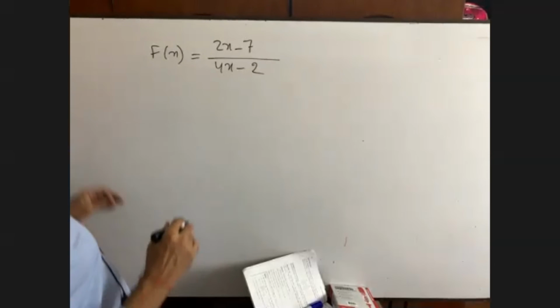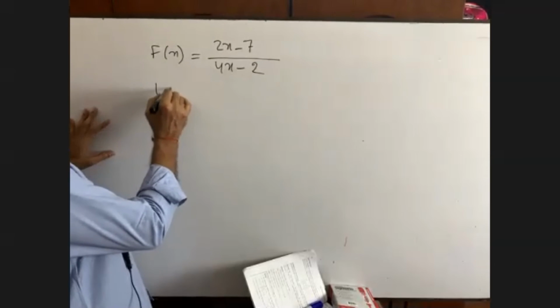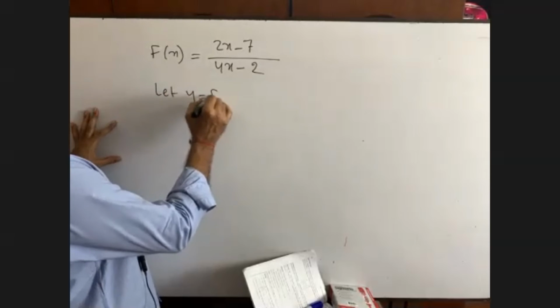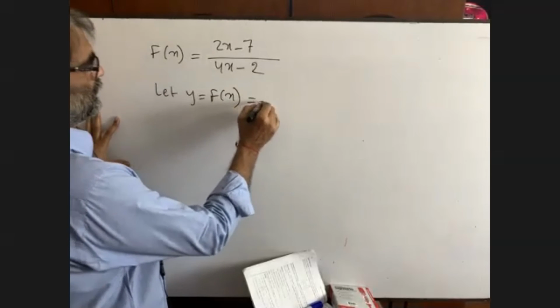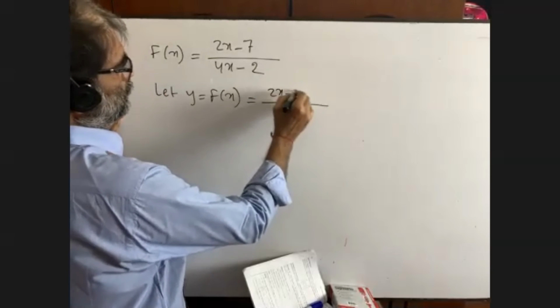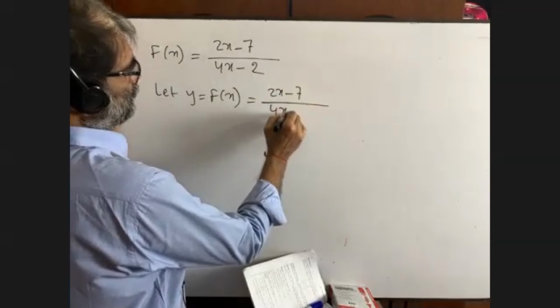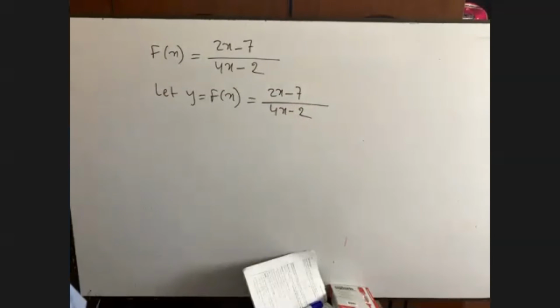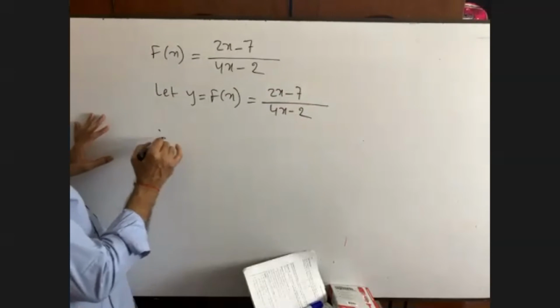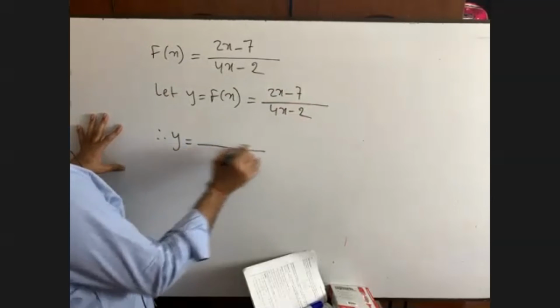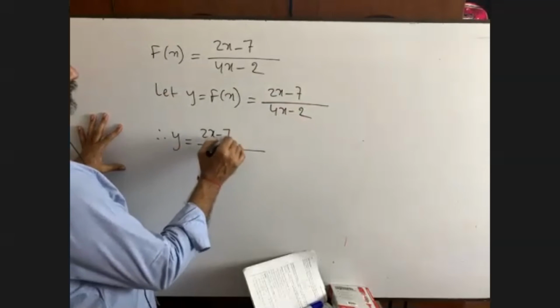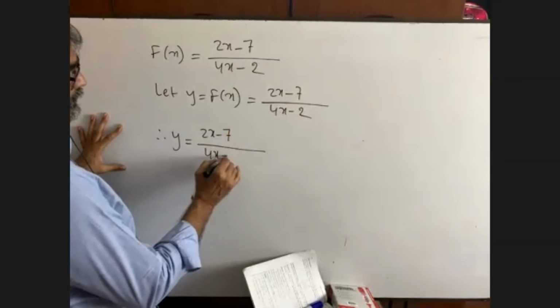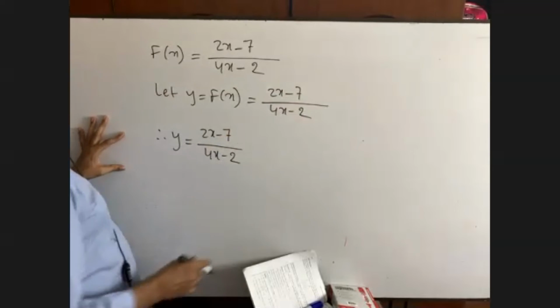Okay, what will you do? Let me know. Let y equal f(x), which is 2x minus 7 by 4x minus 2, right? That means we are getting here y is equal to 2x minus 7 by 4x minus 2.